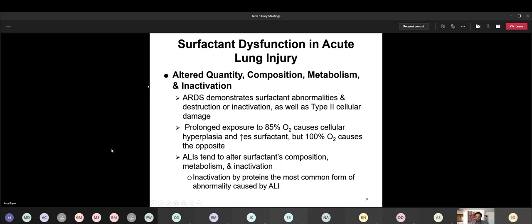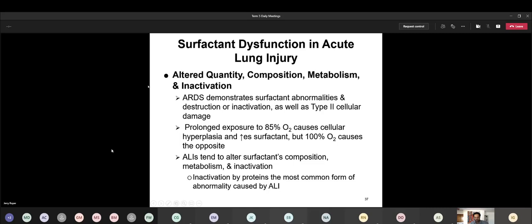But this is mostly to show that if you didn't want to consider surfactant therapy, just know that because of the process of ARDS and what's happening at the alveolar level, at the capillaries, and at the organ level, your surfactant is really not going to work like it's supposed to.